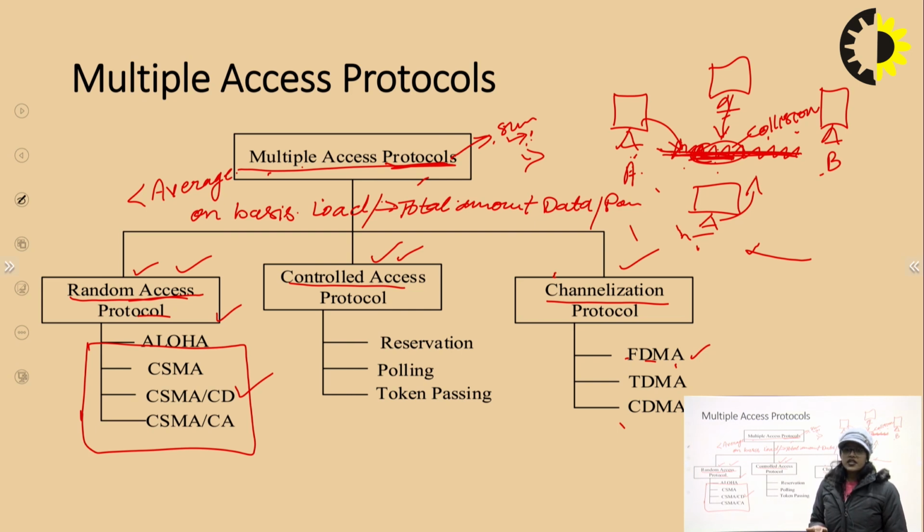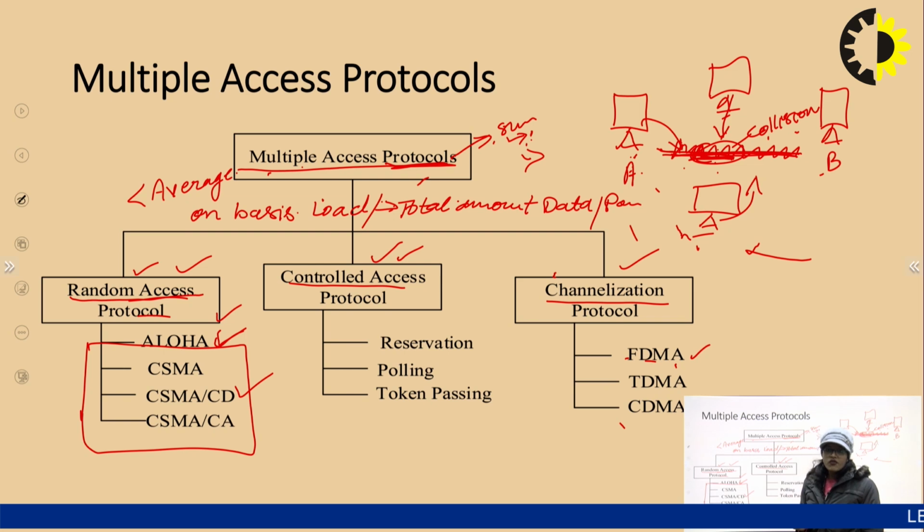Any user, any device can attempt transmission at any time. This is the kind of random access, right? In this series we have a first protocol, Aloha, and Aloha is just a normal way of transmitting the data, right?